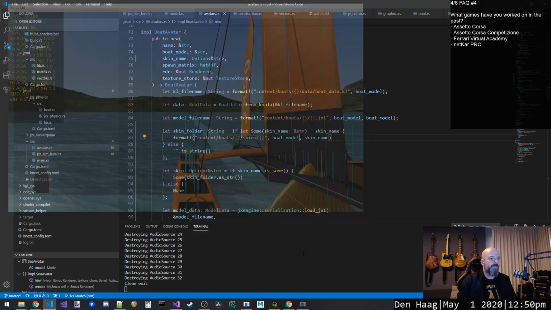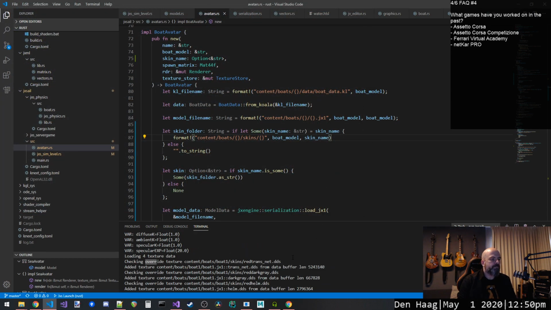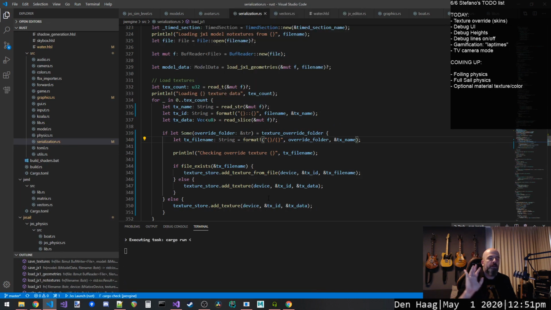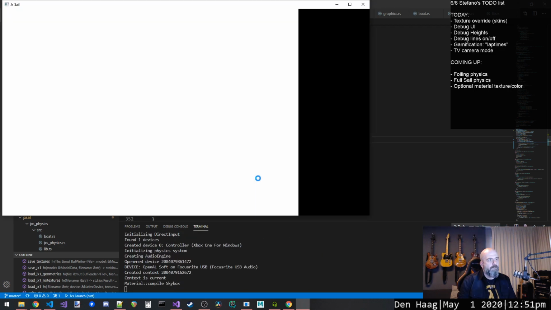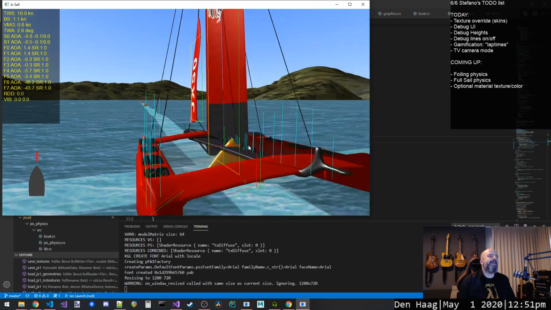Still orange. Why? Checking override texture. Content. Boats. Boat 1. Skins. Red. Okay, it's missing. There you go. Orange or red? Yay! There you go.